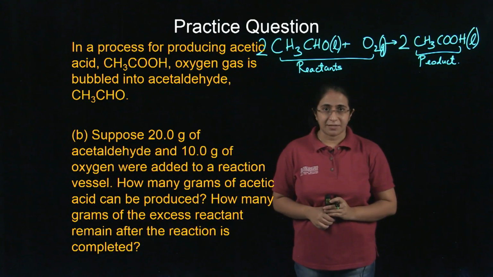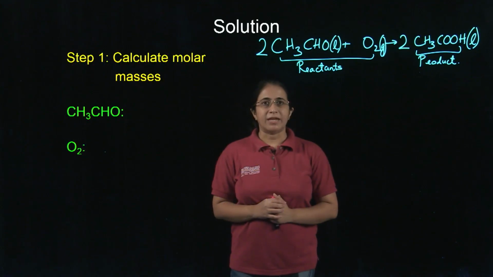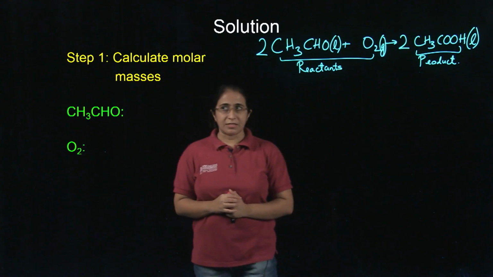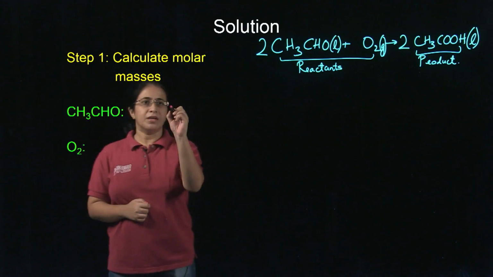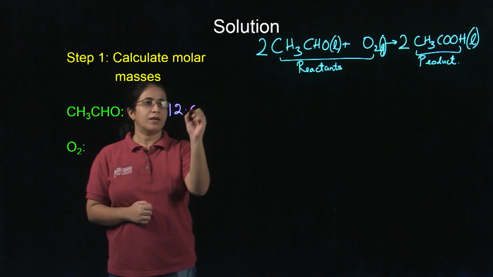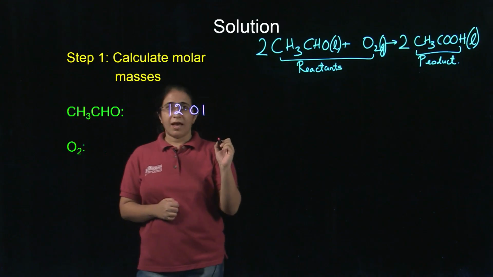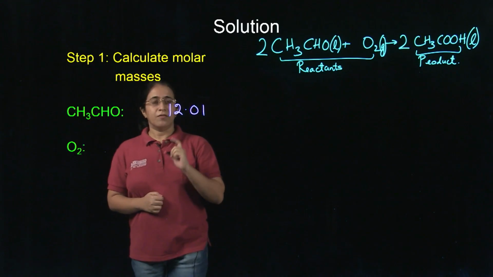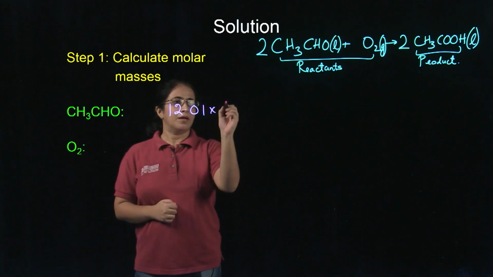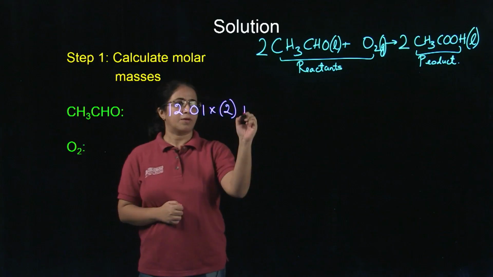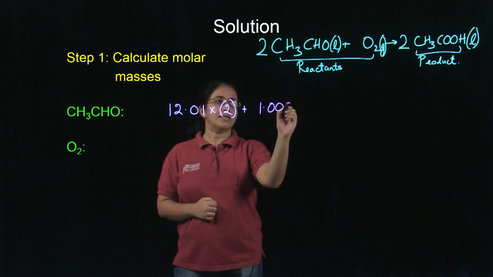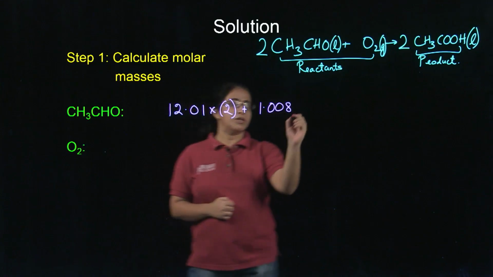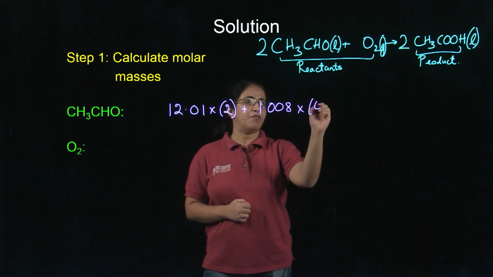Okay, so let's start. Let's calculate the molar mass of the reactants. Let's do for acetaldehyde. Now the atomic mass of carbon is 12.01 atomic mass units. And since there are 2 atoms of carbon, we need to multiply this number by 2. Okay. The atomic mass of hydrogen is 1.008, and there are 4 atoms of hydrogen, so we need to multiply this by 4.